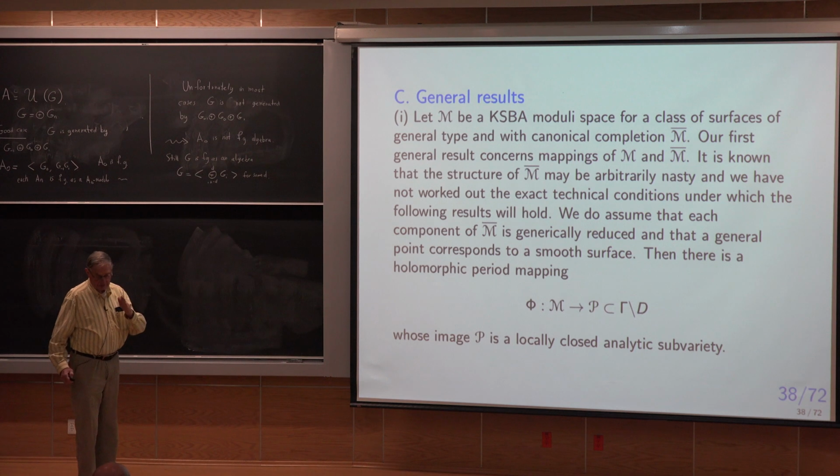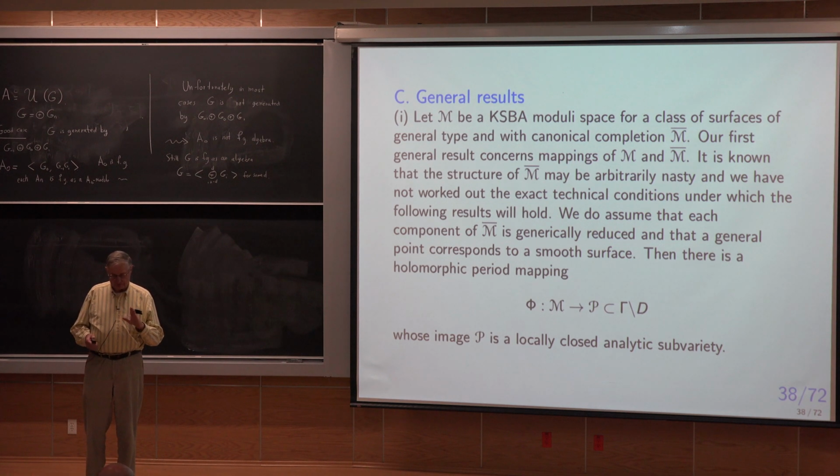I should mention, what about these D by gamma? Classically, one used automorphic forms, things like that, to study them. In the classical case, when D is Hermitian symmetric, this D by gamma is a quasi-projective algebraic variety, and in fact it has a lot of rational functions or meromorphic functions on it that are given by ratios of automorphic forms of the same weight.